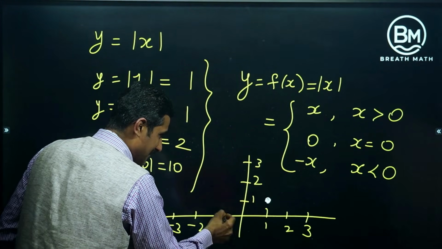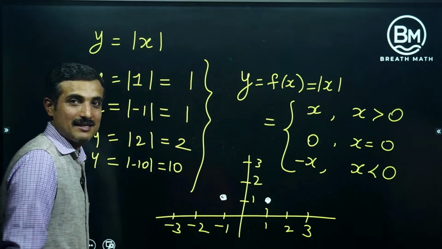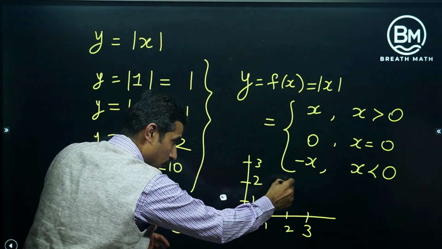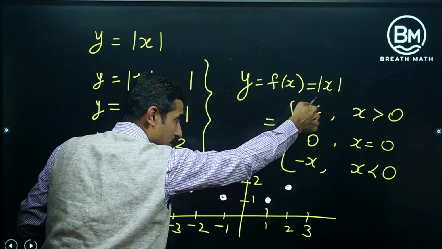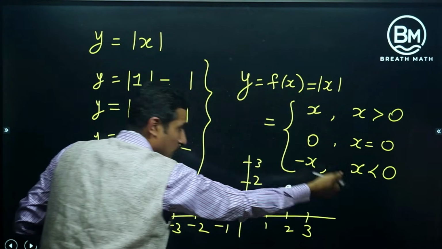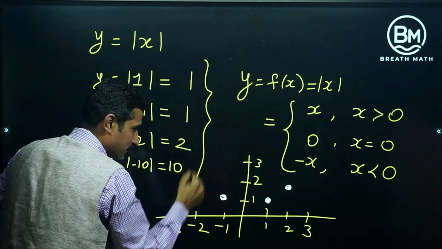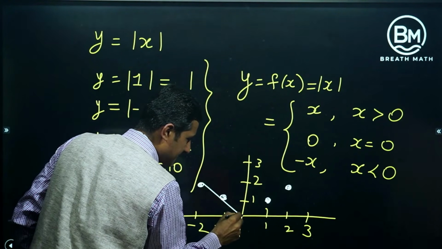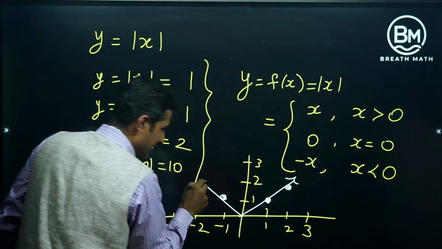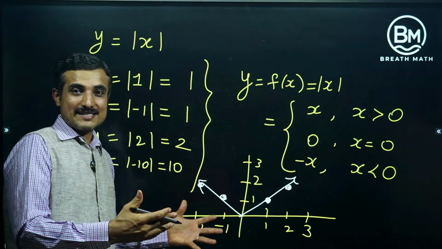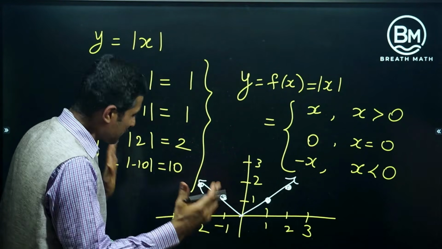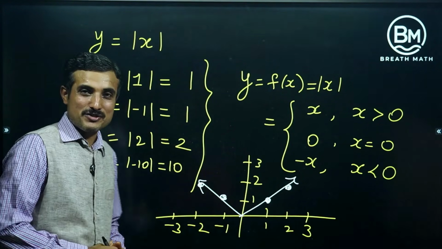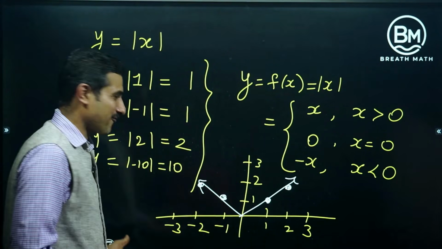When x is minus 1, y is plus 1. When x is plus 2, y is plus 2. When x is minus 2, minus of minus 2 is plus 2. So if you join these points, you get a beautiful curve like this, which is the absolute value function. Using coordinate geometry, you can draw the graph.